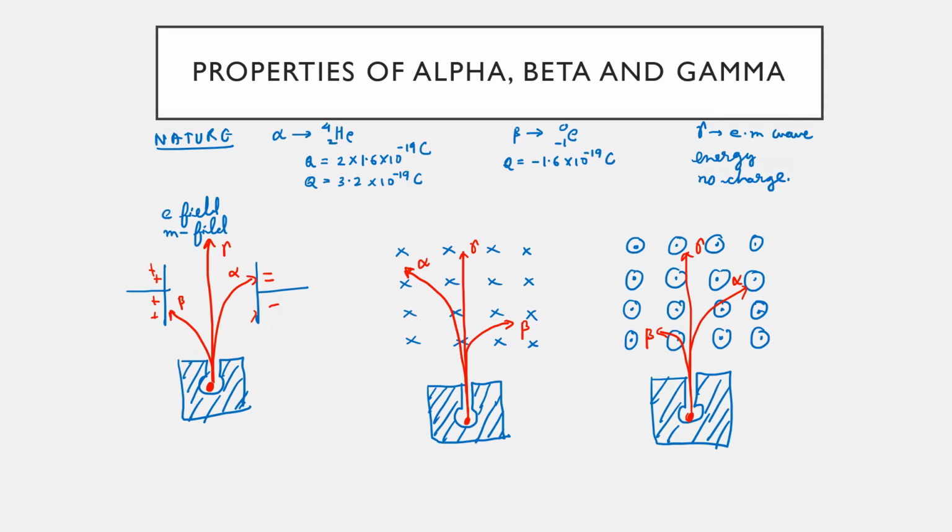But for gamma, you require some centimeters thick lead. If it is iron sheet, it requires a 30 centimeter thick iron sheet to stop gamma radiation from going to the other side, and a few meter thick concrete wall. The metro pillars are a couple of meters thick, so gamma can pass through them as well.